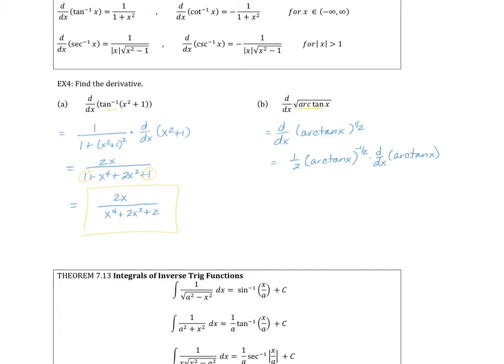So the derivative of tangent inverse is equal to, and here I'm going to clean this first piece up a bit, 2 times the square root of arctangent. Okay, and the derivative here would be 1 over 1 plus x squared.